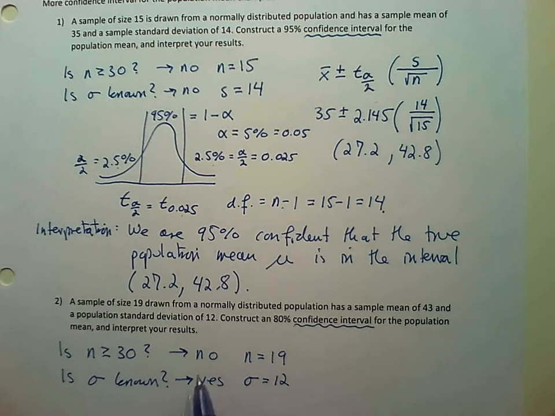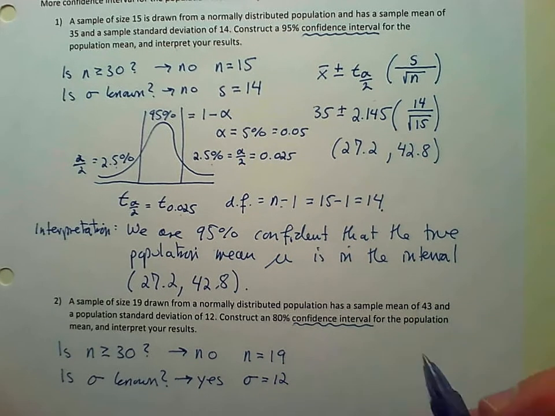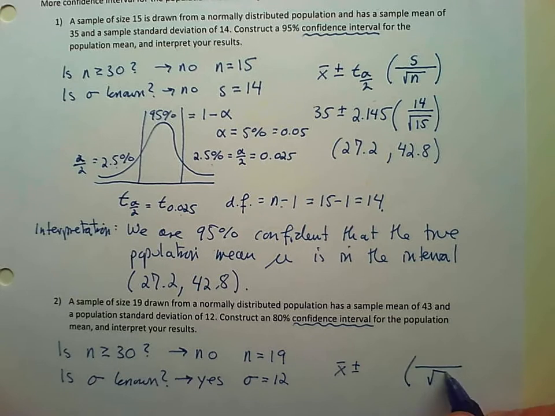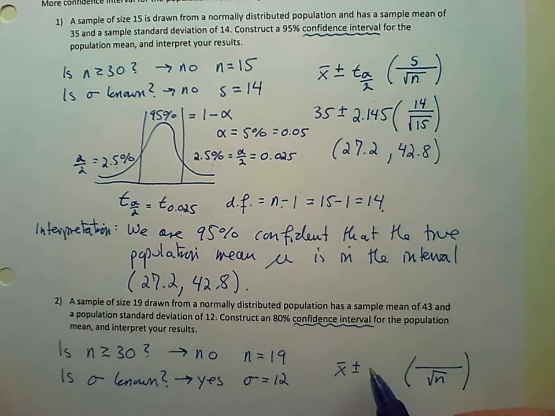Since we answered yes to at least one of these questions, in order to create a confidence interval, we know that we can always fill in the bare bones of this right here. Right, this is the bare bones for our confidence interval. But since we answered yes to at least one of these questions, we're going to use z sub alpha divided by 2 right here.